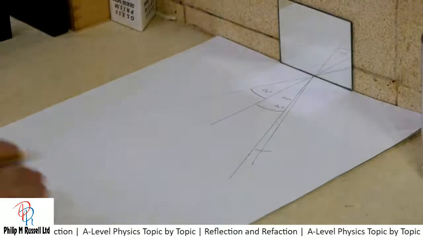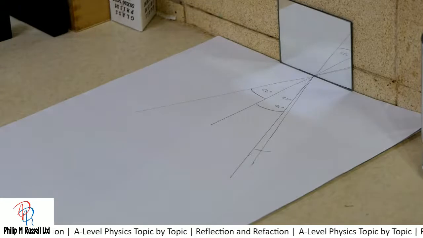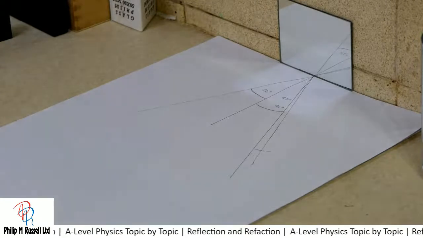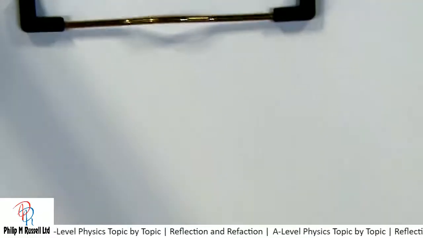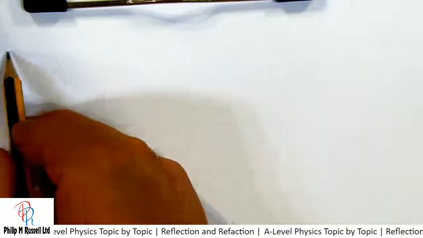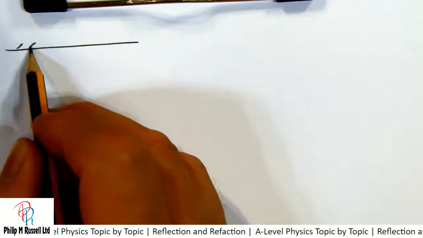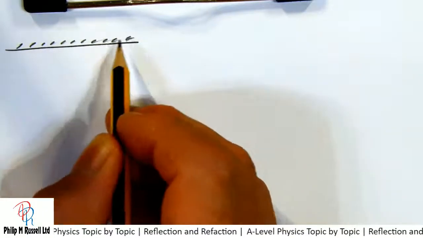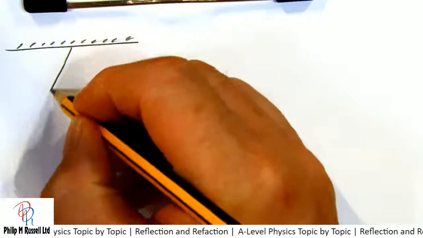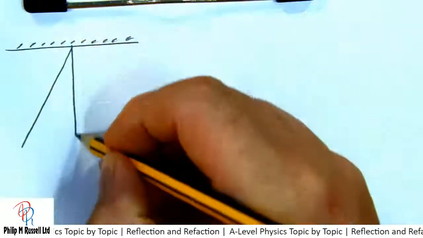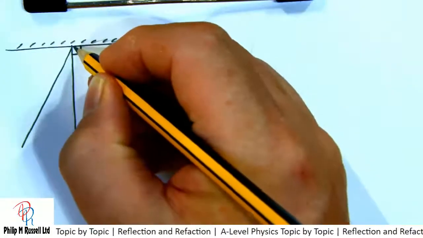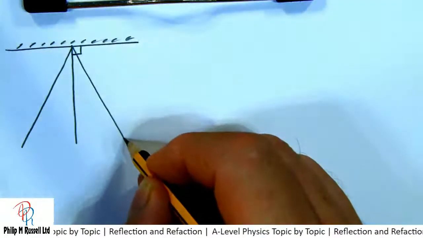If we look at this, then we can come up with a simple rule, and I'm just going to write this down for you. For reflection at a mirror, so there's our mirror, we've got our angle in, we have our normal, we have our angle out.